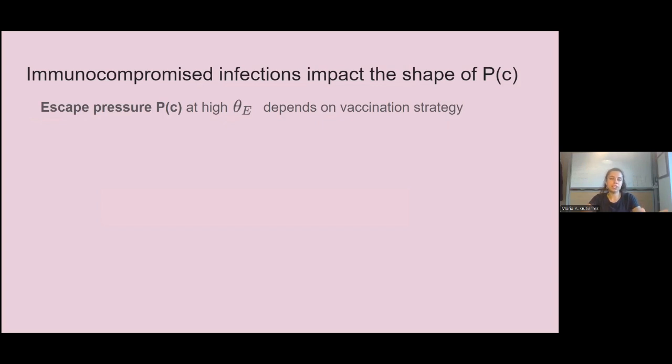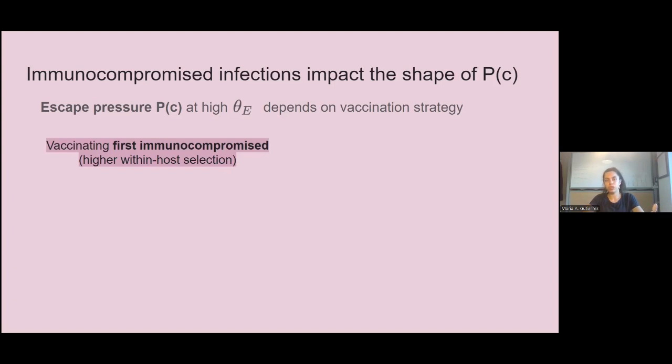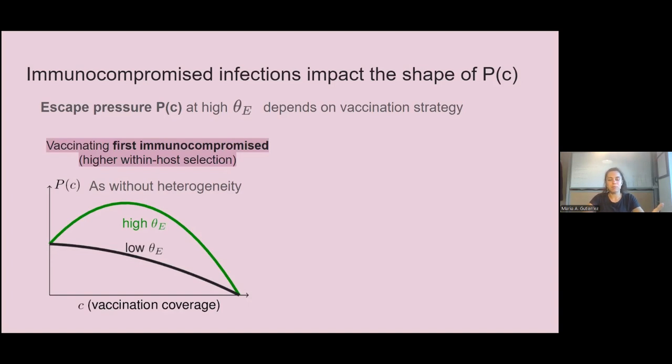So for the escape pressure, I'm focusing at high theta E, so that's when in the original model we got that unimodal shape. But the escape pressure depends on the vaccination strategy. So if you start first with the immunocompromised or vulnerable older hosts that contribute more to within-host selection, then you get the same shape.